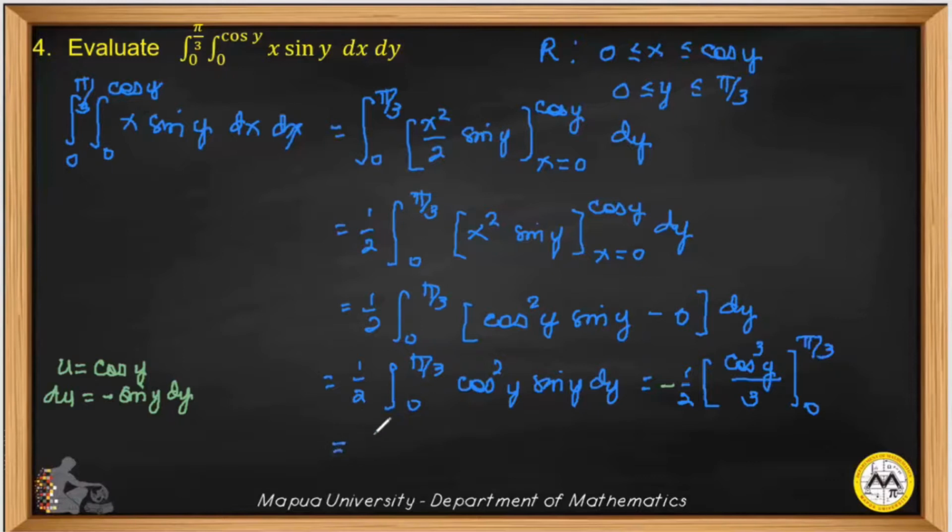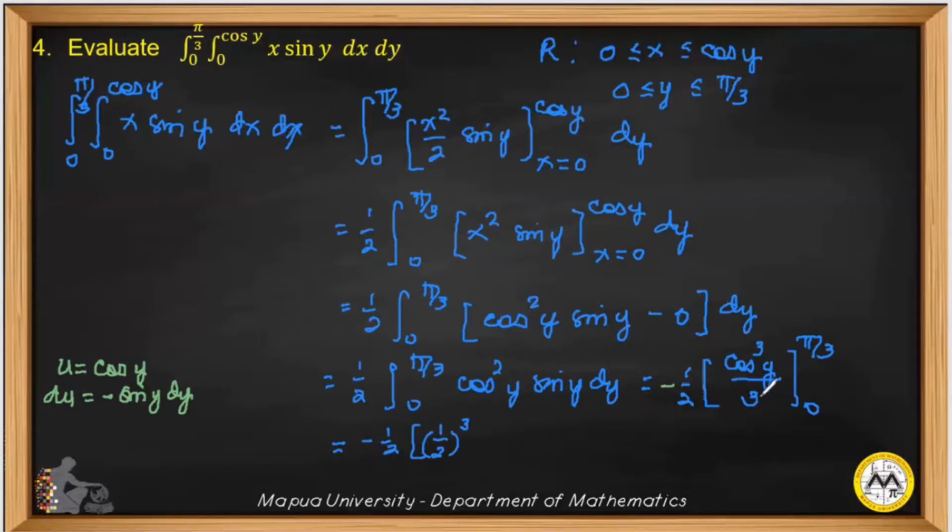So we have negative 1/2 times, when y is equal to the upper limit pi over 3, that must give us cosine of pi over 3 raised to the third power. And cosine of pi over 3, cosine of 60, is 1/2. So we will have 1/2 raised to the third power over 3.